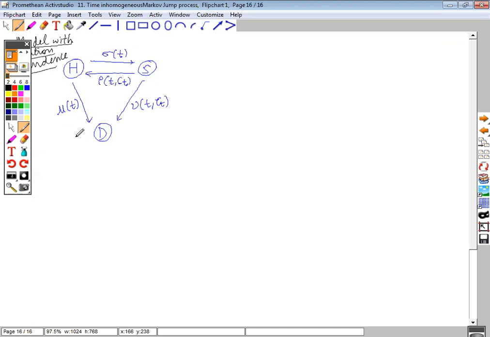Okay, so now let us say if I ask you guys, what will be the probability that you stay in the healthy state from time S to time T? Will this change now that I have added this new information here? What do you think? Will this probability change or will it not change?